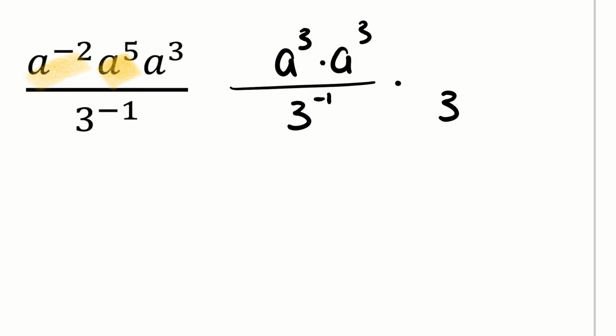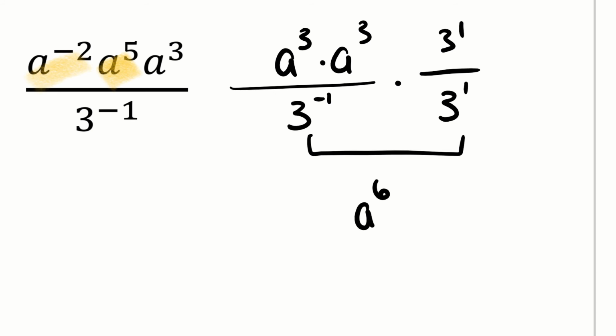I'm just going to multiply the top and bottom by 3 to the 1st. So this is now just the number 1. Same argument as always. In the numerator, I have 6 factors of a. So I've got a to the 6th power, and then I'm multiplying that by 3. So 3a to the 6th power.